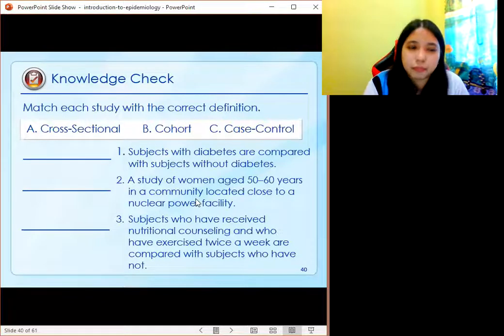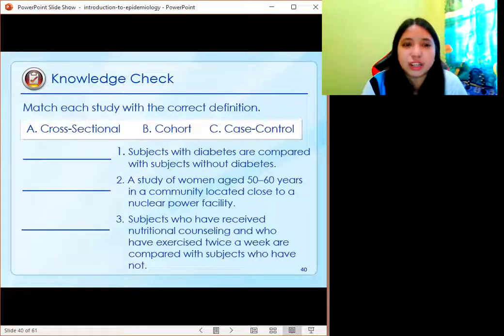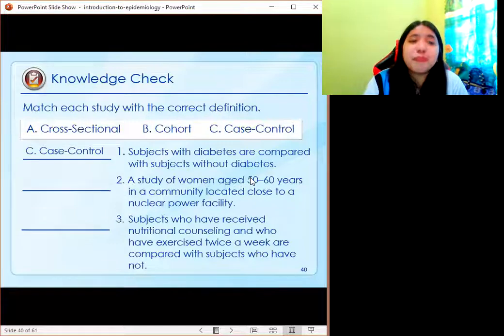I'll give you still time to think about it. Do you think it's cross-sectional, cohort, or case control? Okay, the answer is case control.